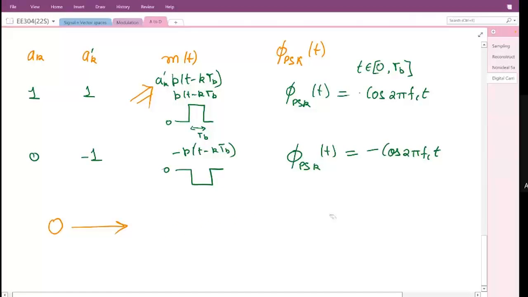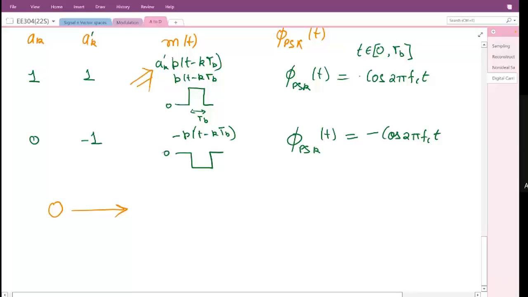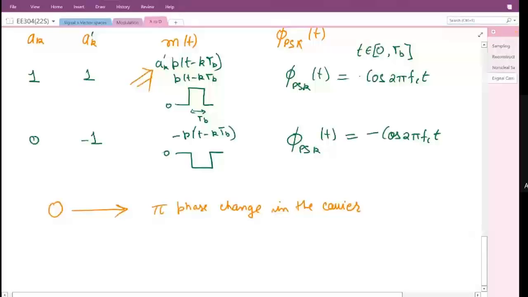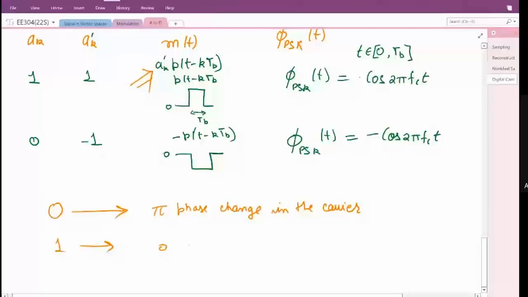Okay. I hope you have got the idea. So if this is 0, then we have a phase change of pi, and if this was 1, we have 0 phase change.